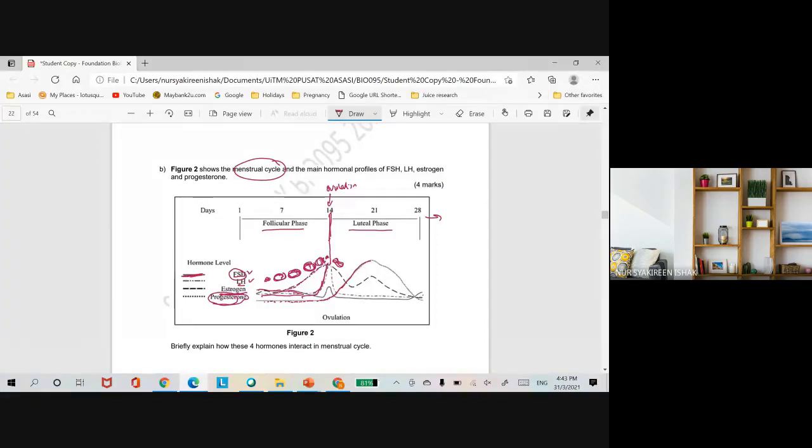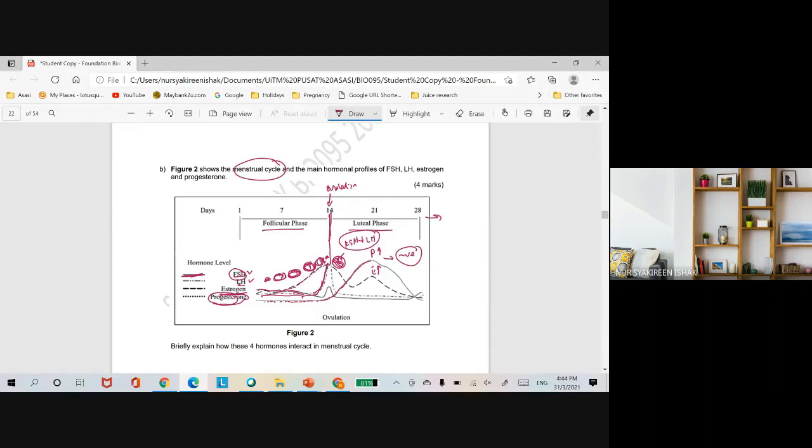Okay, so and this corpus luteum has to be maintained, kan? Structure dia has to be maintained from the secretion of the hormone FSH dengan LH. Okay, so maksudnya pada masa ni FSH dengan LH still akan terhasil, tapi bila awak ada combination of both progesterone and estrogen, dia punya secretion dia high, dia akan exert negative feedback.